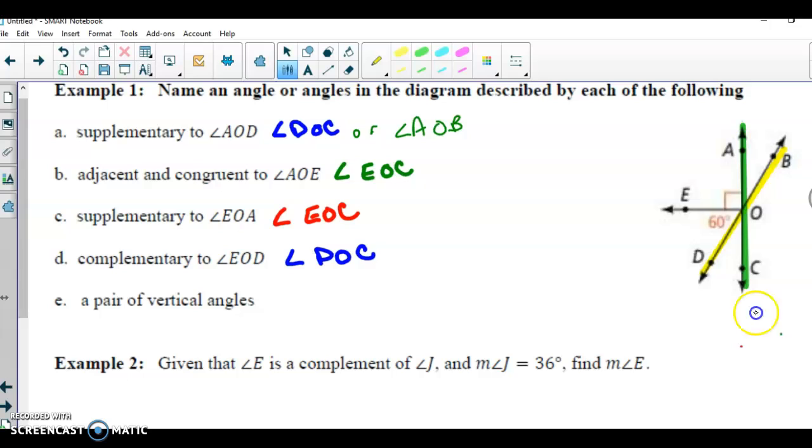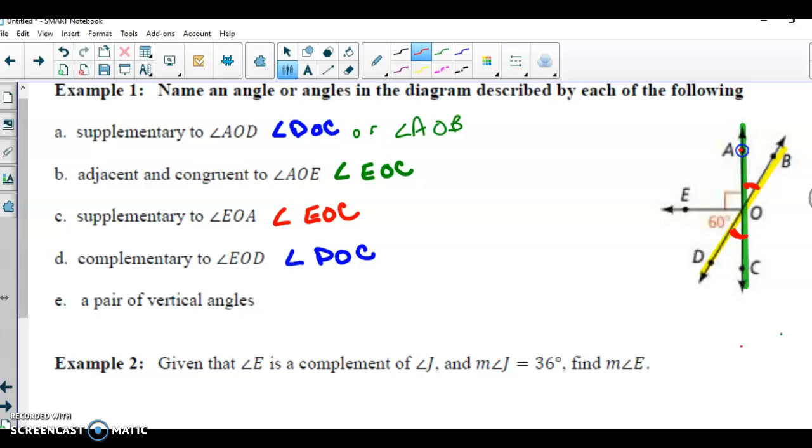Those two lines make an X. And when they make an X, the angles across from each other in that X are going to be vertical angles. So this angle measurement right in here is going to be the same as that measurement. So those angles are vertical to each other.